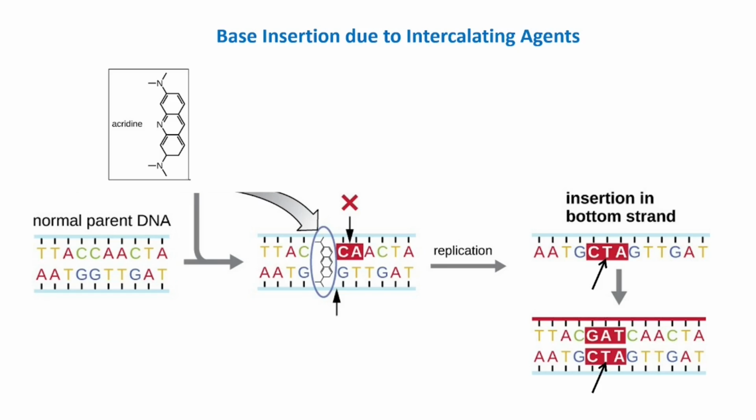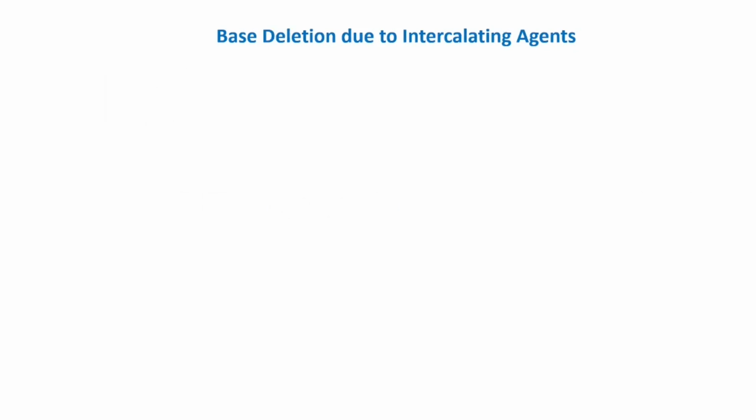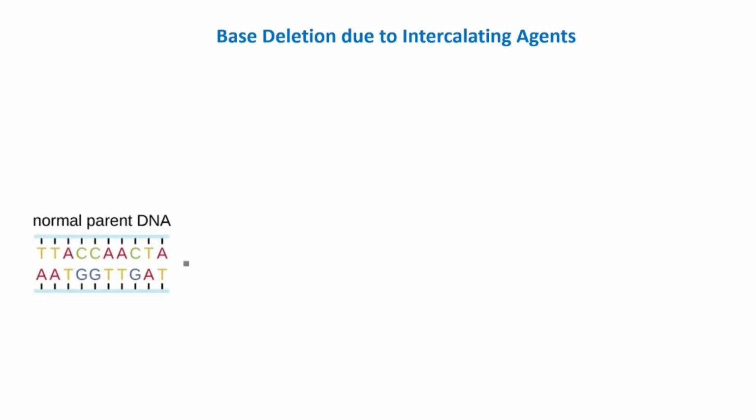This leads to frameshift mutations, which can alter the reading frame and result in aberrant DNA transcription and replication, as we have seen in the earlier slides. Let us now try to understand how these intercalating agents bring about base deletion. This is a DNA duplex.